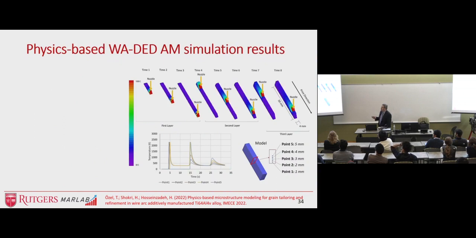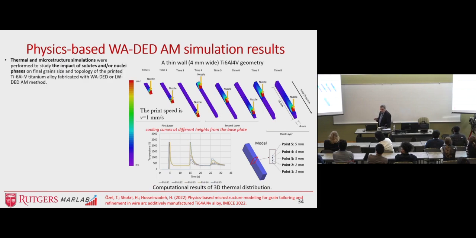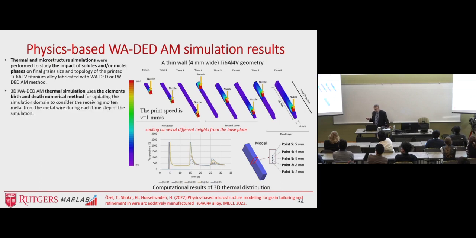So here you can see during the wire arc directed energy deposition, we're processing a thin wall, 4 millimeter wide titanium 6-4 geometry, and then we have the temperature profile, and the print speed is about 1 millimeter per second, and then we have the cooling curves, and from this we can use it as an input to run our microstructure model.